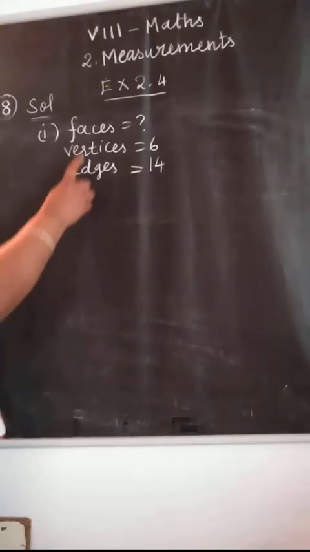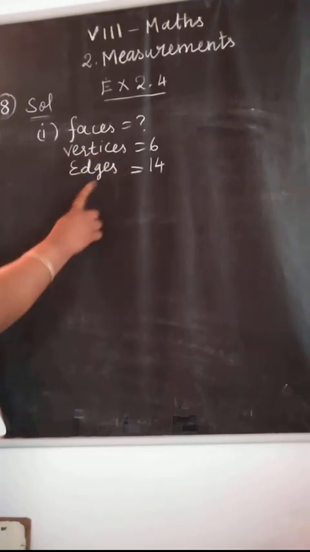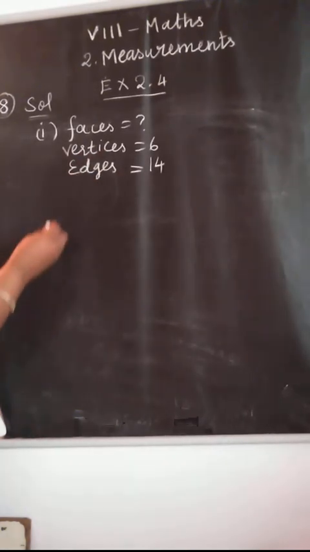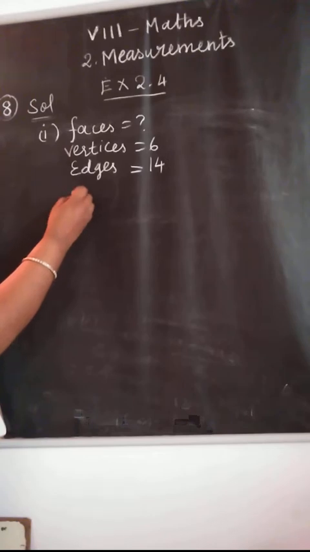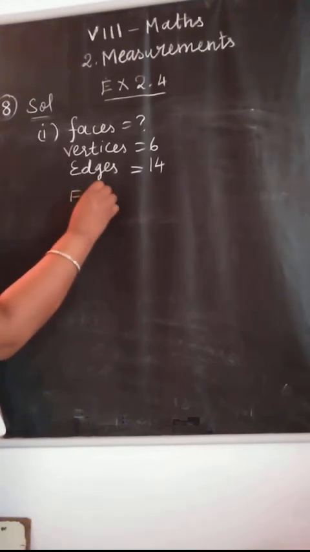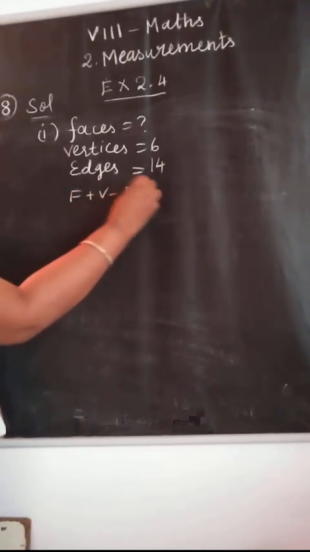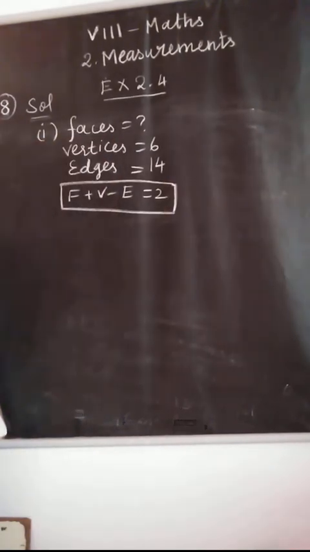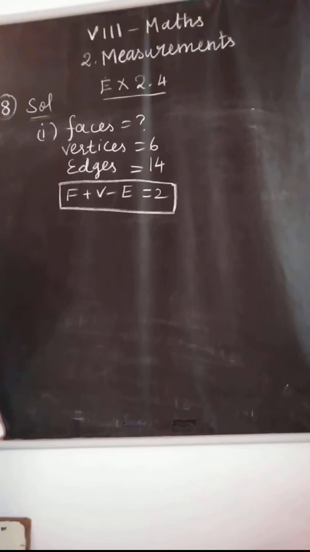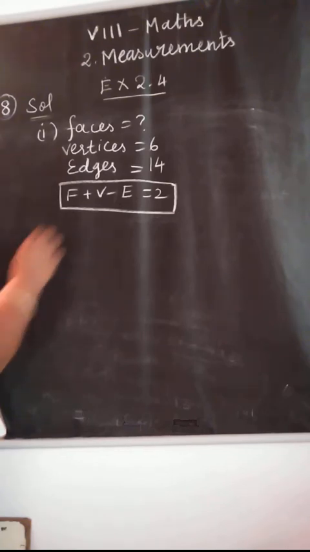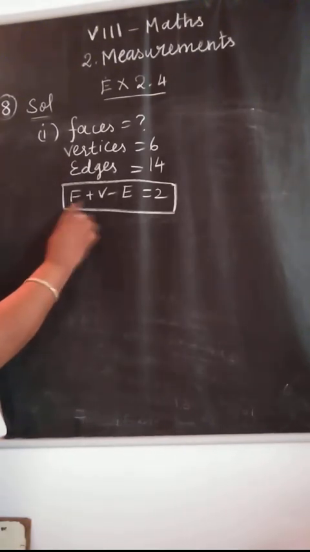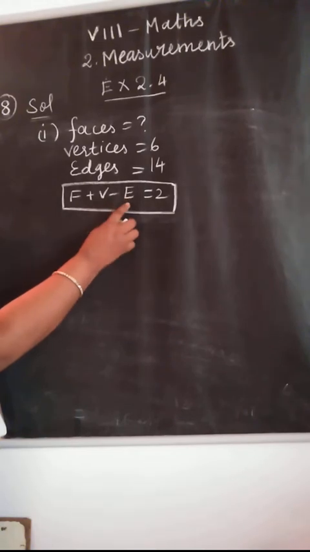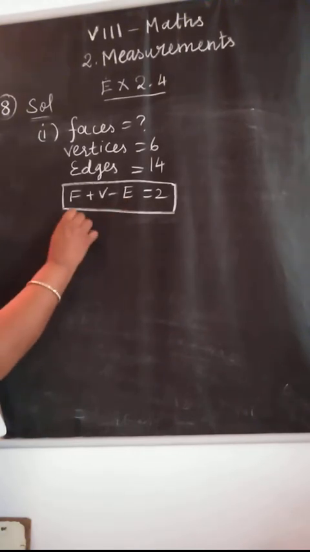This is given for you. Faces is question mark, vertices 16, edges 14. We know that the formula, Euler's formula, F plus V minus E equal to 2. Here we are going to use it and identify the unknown value. F means faces, V means vertices, E means edges. Now substitute the value.